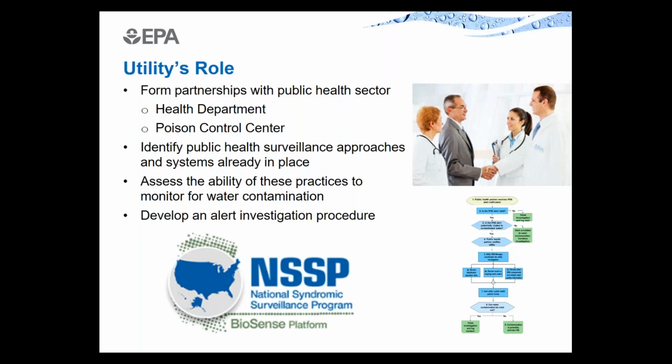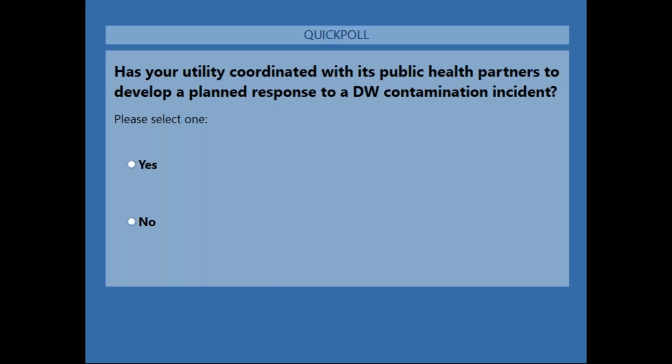And with that, let me go ahead and open up another polling question. This is a simple yes or no: we'd like to see if you or someone at your utility has worked with its public health partners to develop a planned response to a drinking water contamination incident.